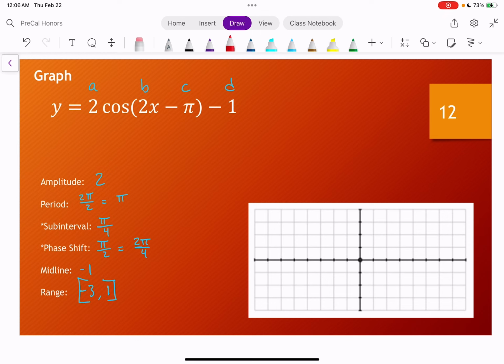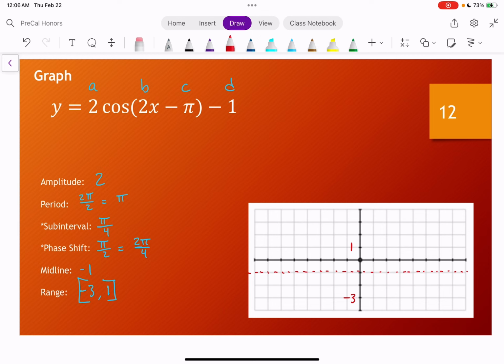We go ahead, draw our dotted line at the midline. Draw our maximum, which is at 1. Our minimum, which is negative 3. In this case, our phase shift is going to be 2 pi over 4.